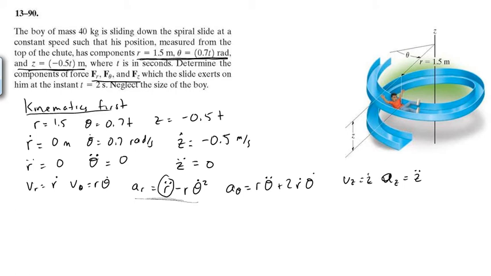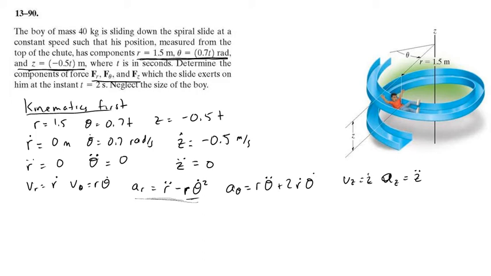However, there's this other component right here, and that's the centripetal acceleration. In that case, it depends on the velocity of this theta dot, so how much rotation the boy is doing over time.